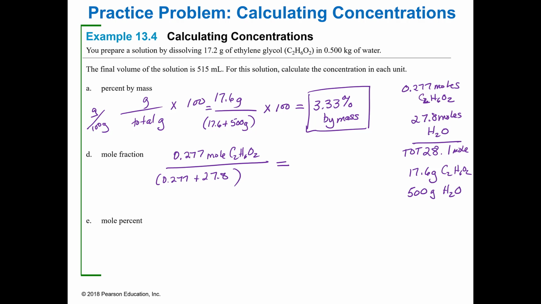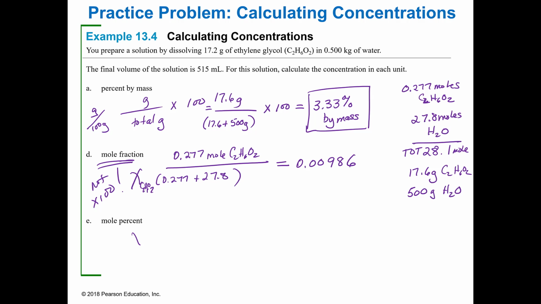And I don't multiply that by 100 because this is a mole fraction, which is not times 100. So that is going to be, and these will be small numbers usually, 0.00986. And then the mole percent is the mole fraction times 100.